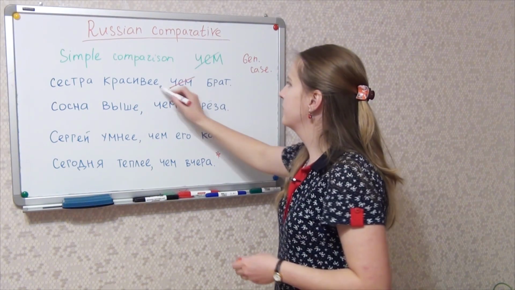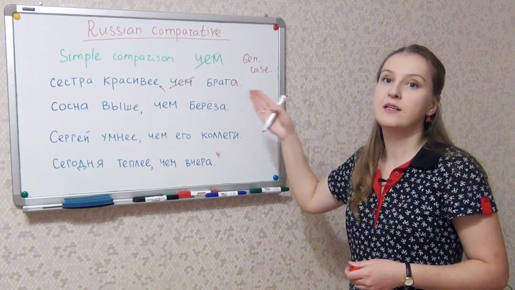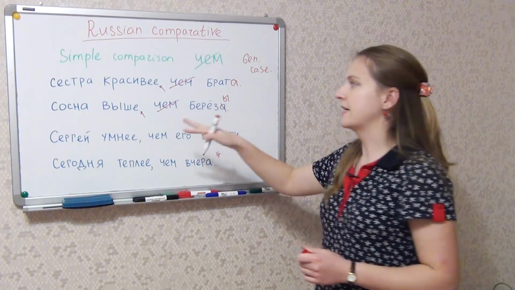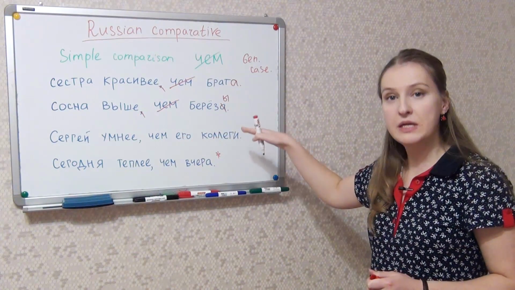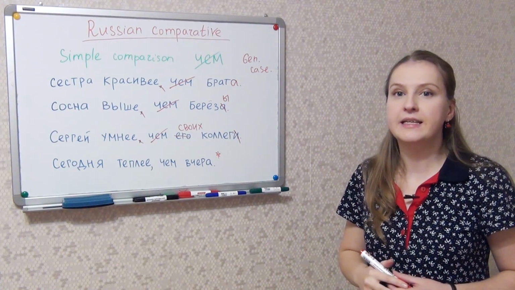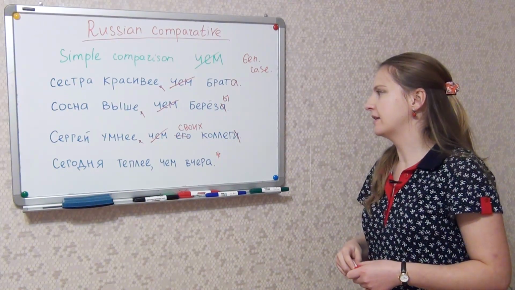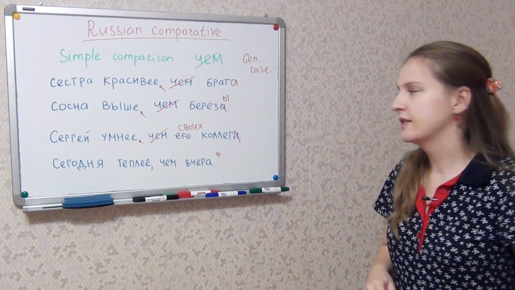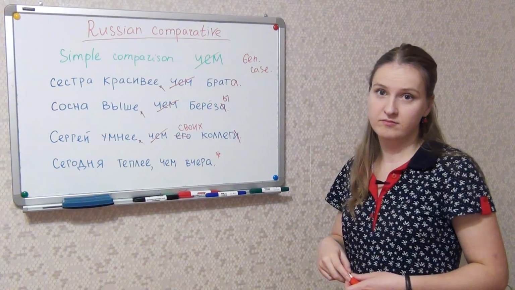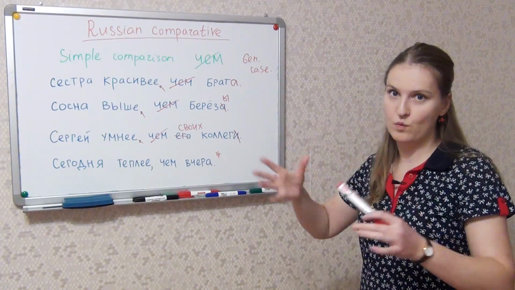So, сестра красивее брата. Сосна выше березы. Сергей умнее своих коллег. You can't say Сергей умнее его коллег, it sounds weird. Here better say своих, because it is one sentence, one part.